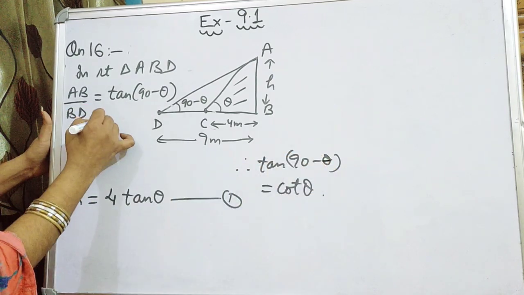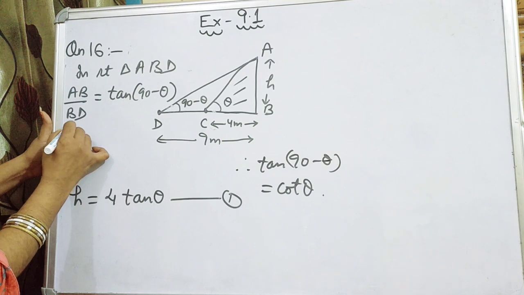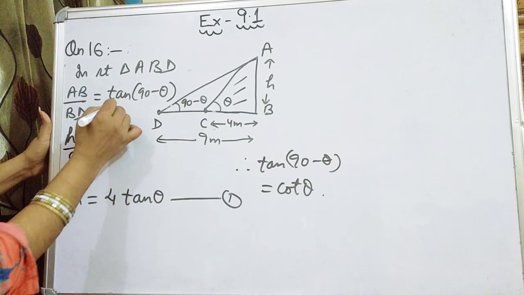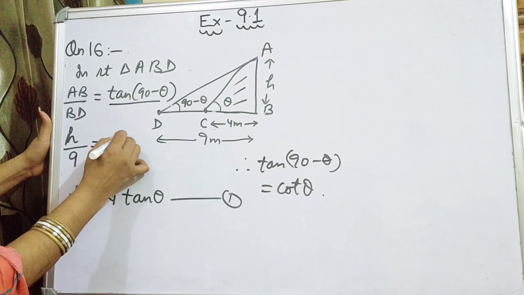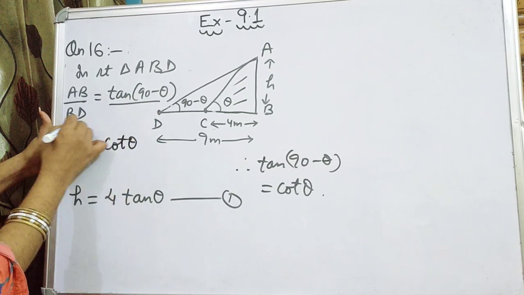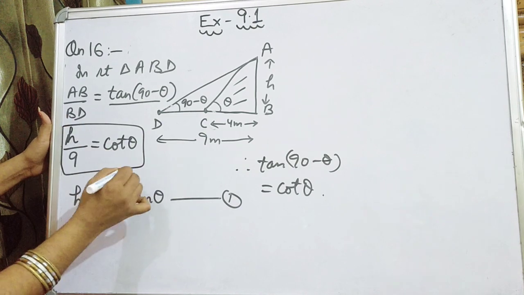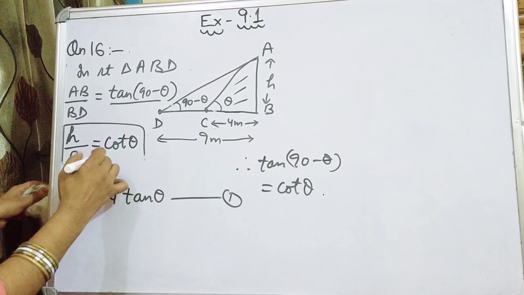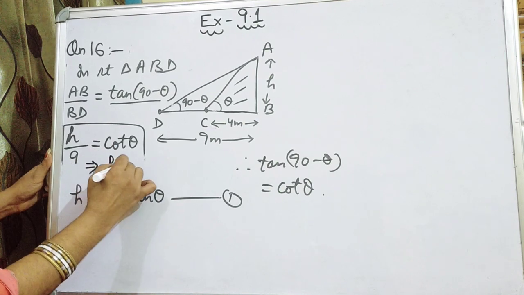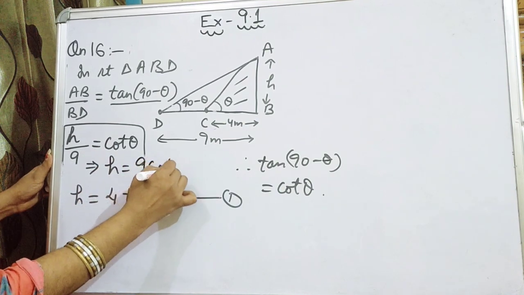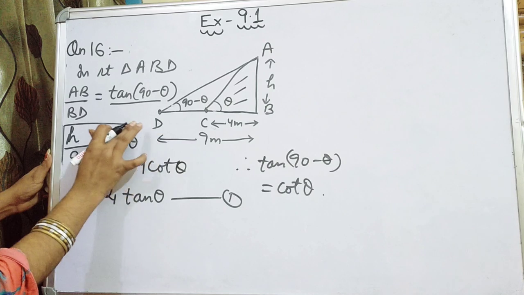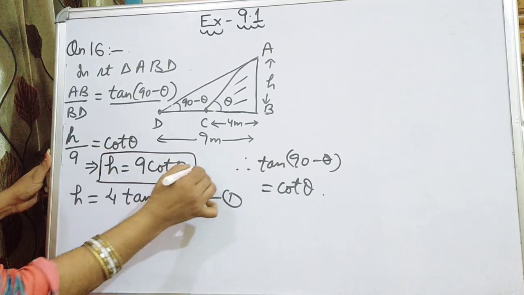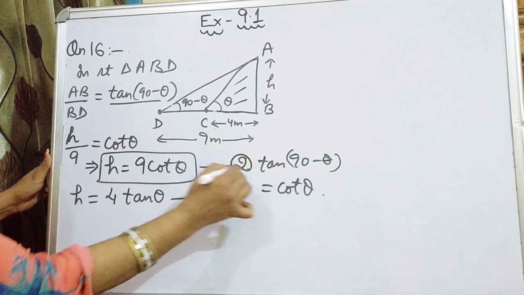So AB we have supposed as h, BD is 9 given in the question, and tan 90 minus theta is cot theta. This is our equation number 2, and we can write it as h is equal to 9 cot theta.